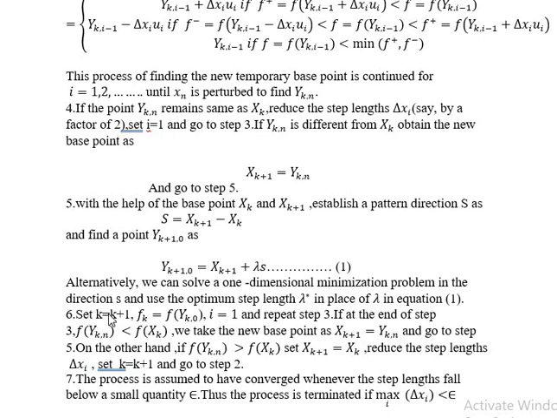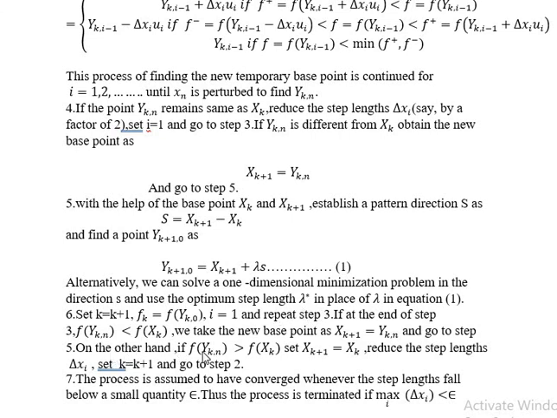Next, step 6 is set k equal to k plus 1 and fk equal to f at y(k,0), i equal to 1, and repeat step 3. If at the end of step 3 f of y(k,n) is less than f of xk, we take the new base point as xk plus 1 equal to y(k,n) and then go to step 5.